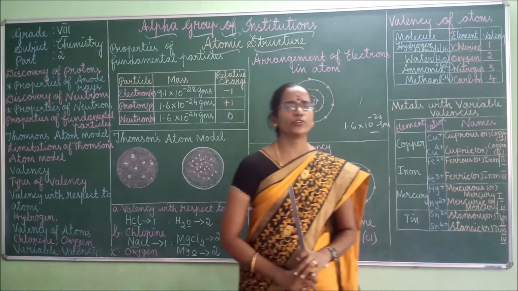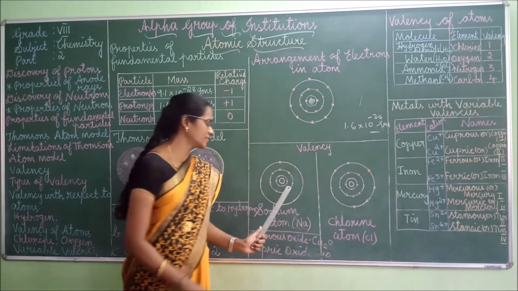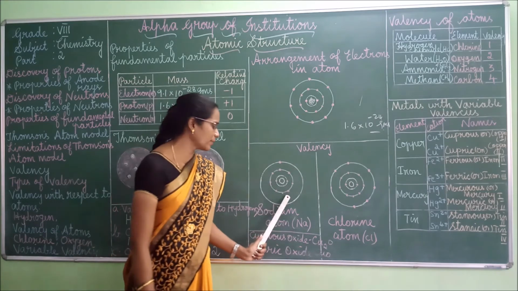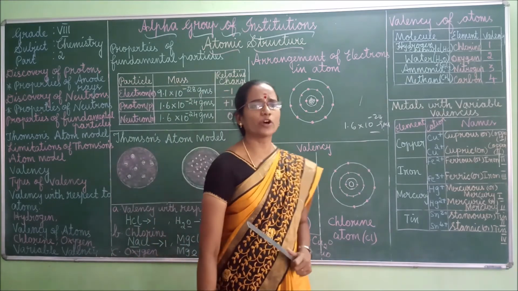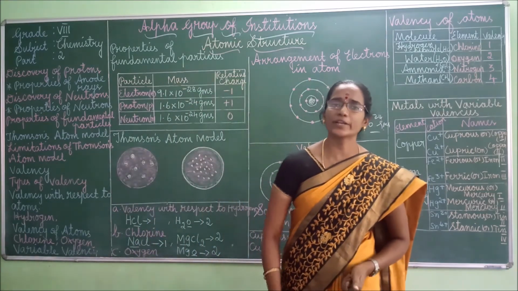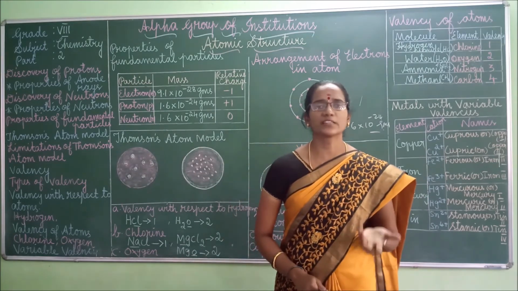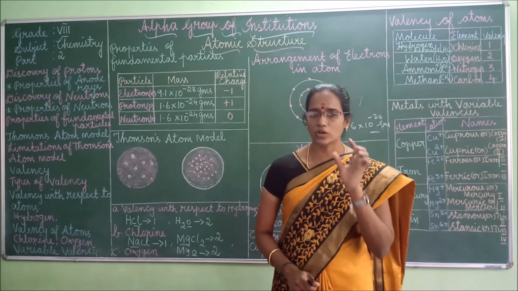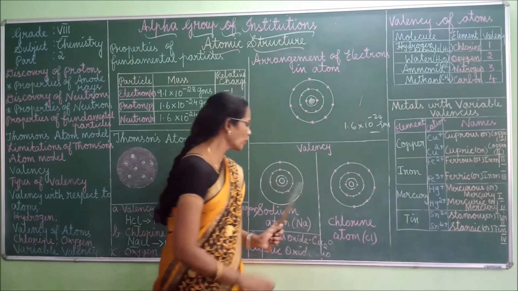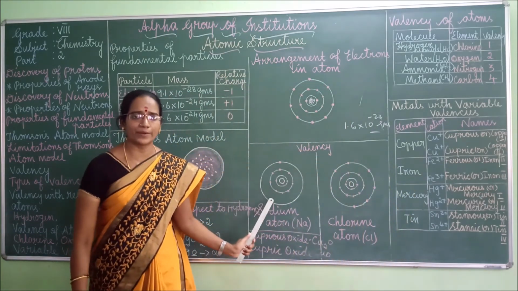For example, if you take the sodium element, atomic number of sodium is 11. The atomic number is based on the number of protons, isn't it? So number of protons is nothing but the atomic number of the particular element. Okay. So sodium atomic number is 11.